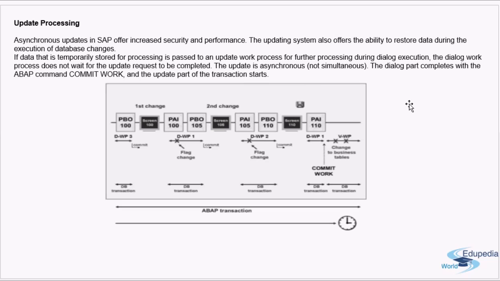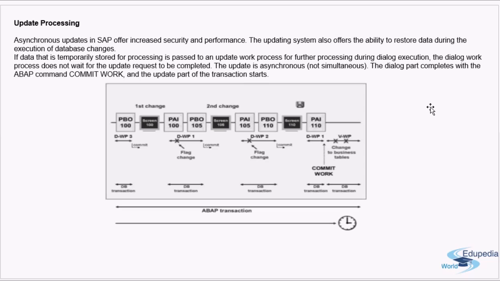Now, the update work process takes care of updates in SAP. If any changes to the database have to be made, those are not done by the dialog work process. Just to lessen the burden of the dialog work process, this update work process has been introduced. The actual changes to the database will be taken care of by the update work process.